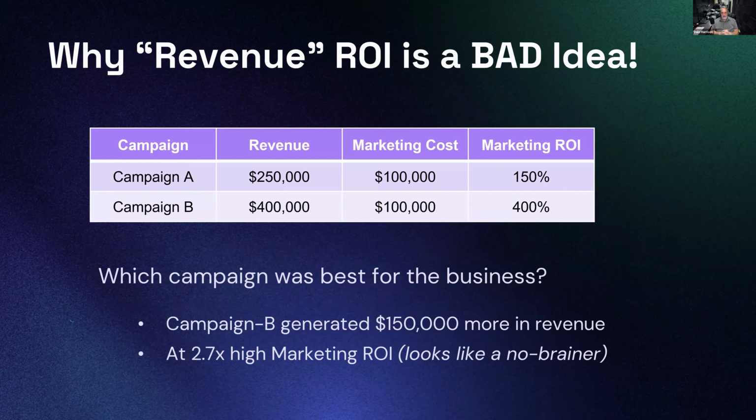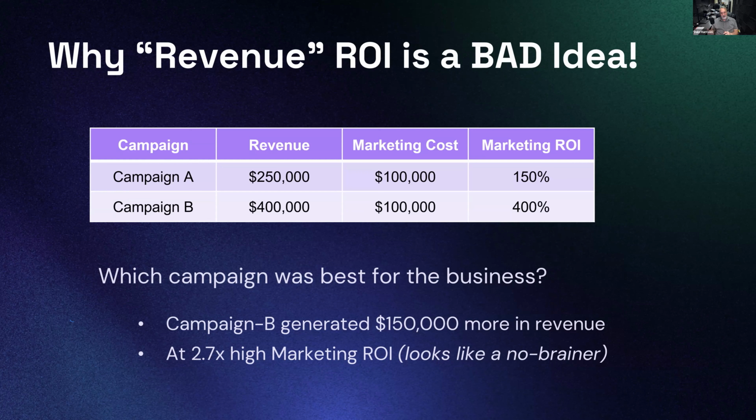So let's give an example of why a revenue ROI is a really, really bad idea. Let's say we've got two campaigns and you're reporting your campaign ROIs out, and this is using kind of the traditional Meta HubSpot kind of definition. So all we know is that one campaign generated 250,000 in revenue, one 400,000. Each campaign cost 100,000.